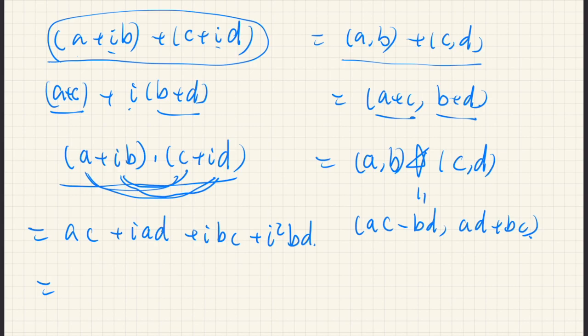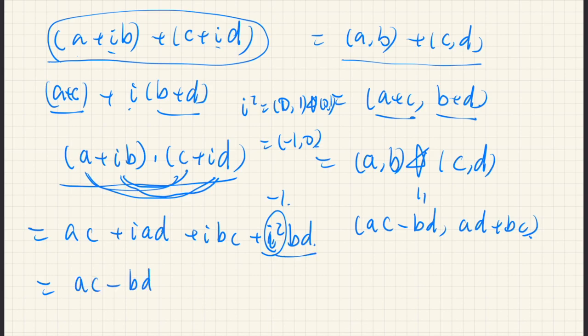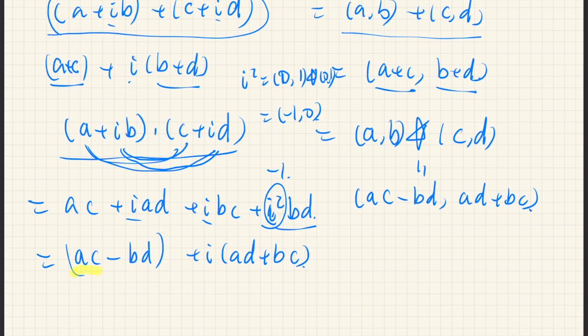But we know that i squared is (0, 1) star (0, 1), which is (-1, 0). So whenever we have i squared, we can replace that with negative 1. So this becomes ac, this one becomes negative bd, and factorizing i here, we have ad plus bc. So the real part is ac minus bd, and the imaginary part is ad plus bc. So it's consistent.